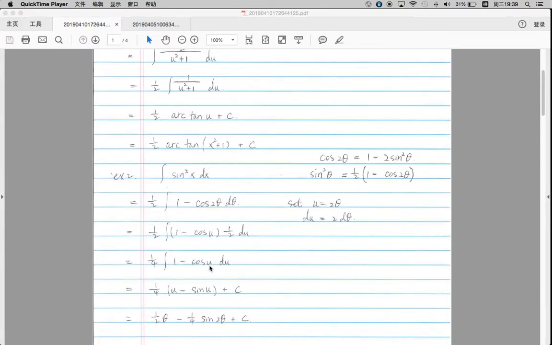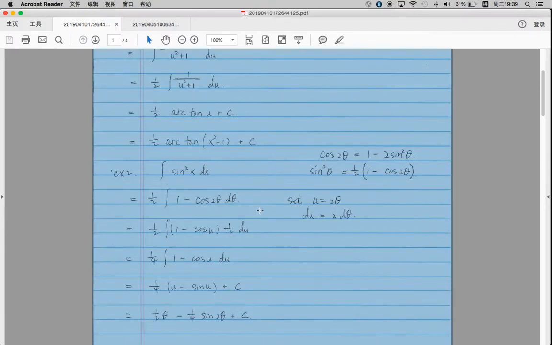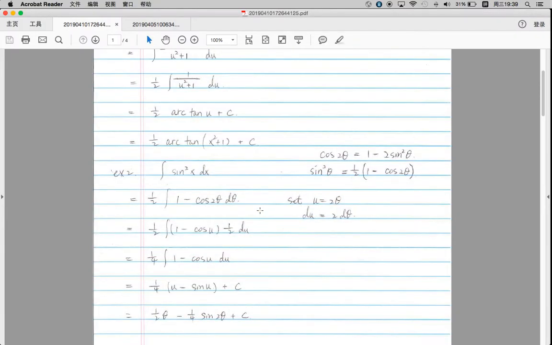After you solve your integral, substitute your variables back into your function, and rewrite your solution in the variables that were originally in your question. So this is integration by substitution.